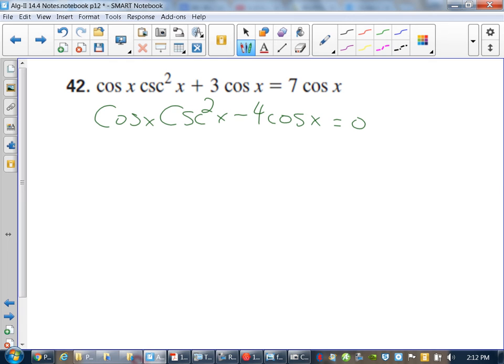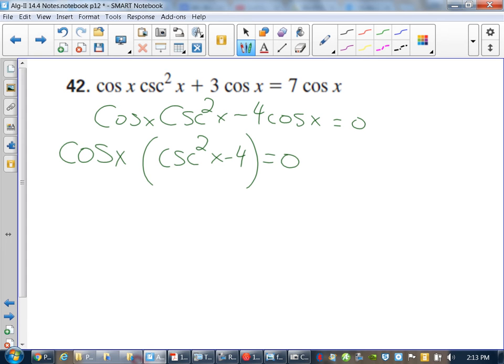What do they have in common? Cosine. So now I can factor out a cosine, and I have 2 terms which I can set equal to 0. So I have cosine of x is 0, and then cosecant squared of x minus 4 is 0.